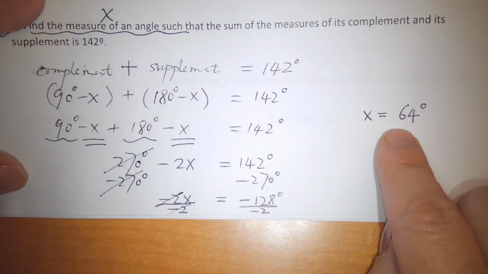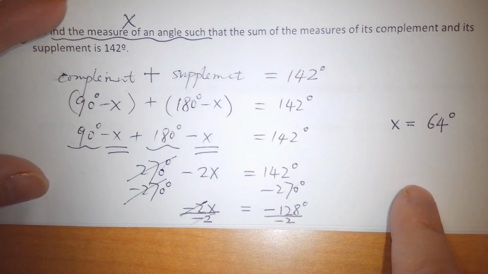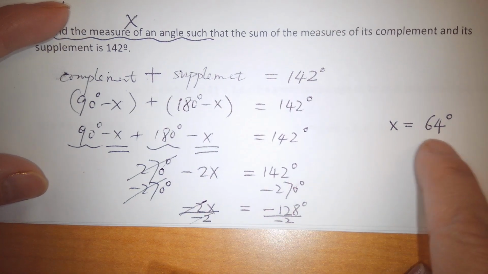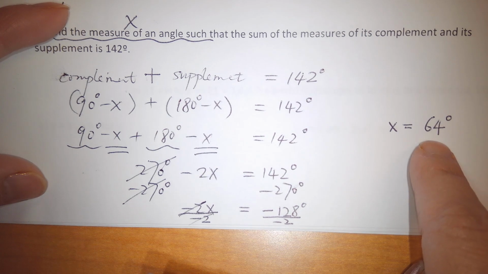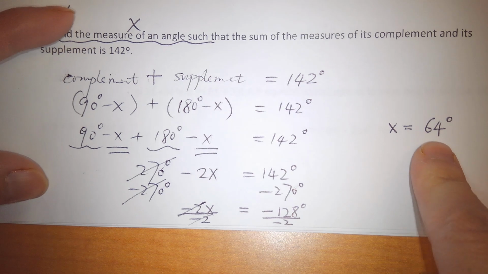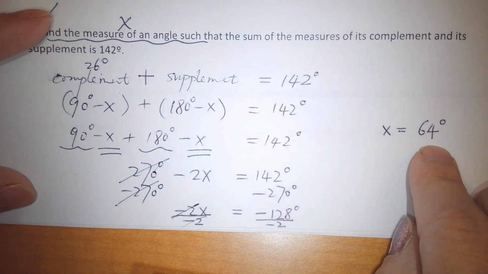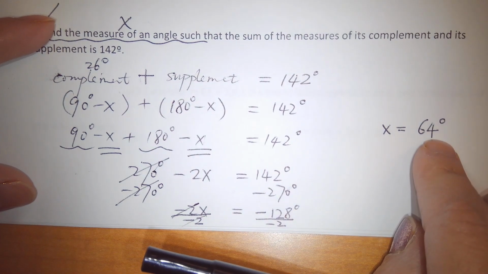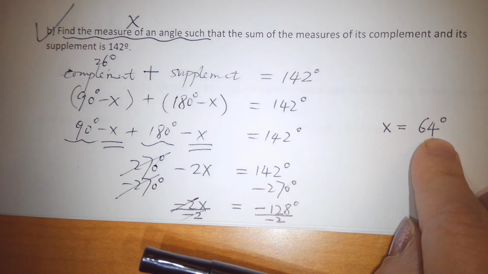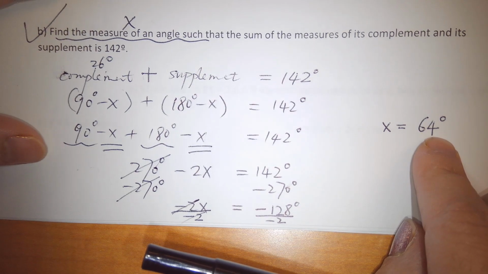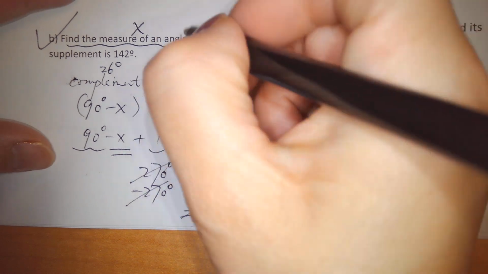Alright, let's check. If an angle equals 64 degrees, what is the complement of 64? 90 minus 64 is 26 degrees. What is the supplement of 64? 180 minus 64. 106.